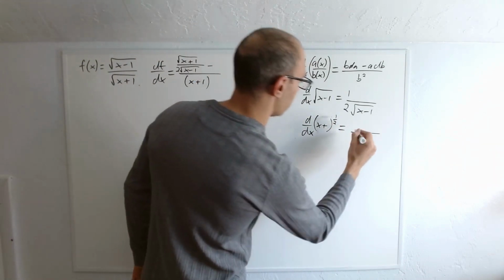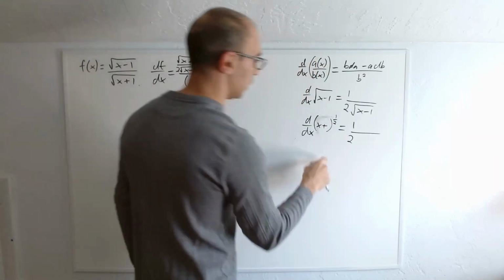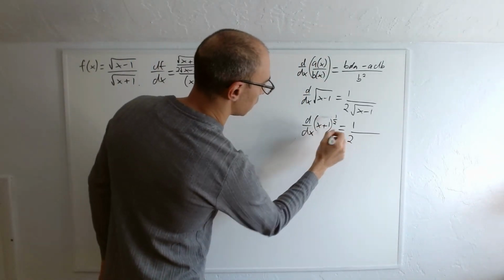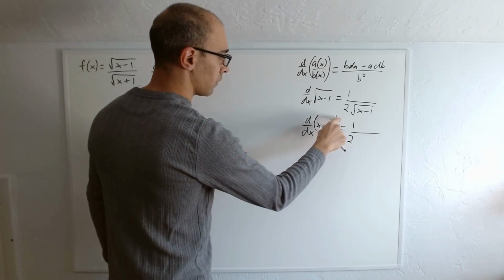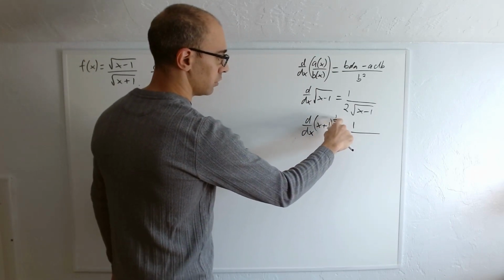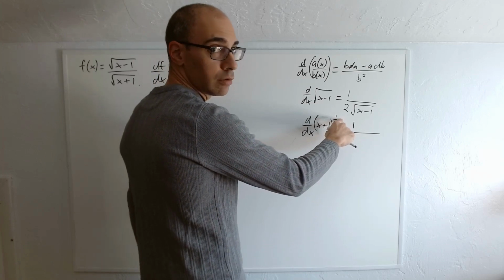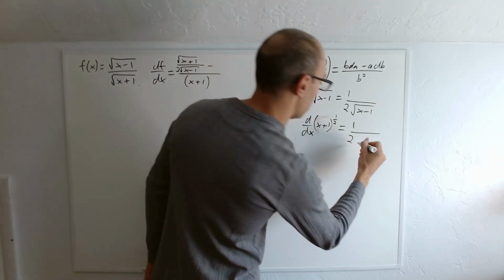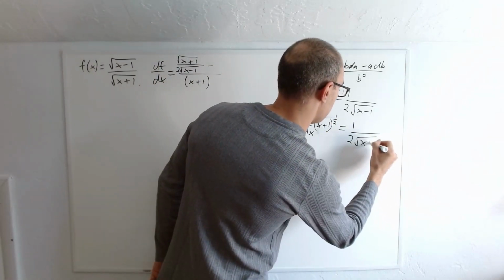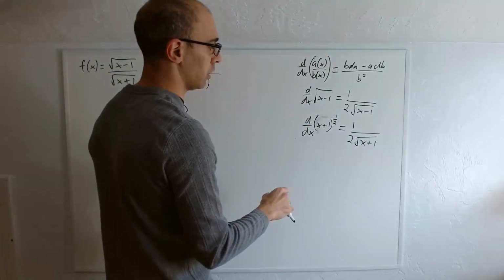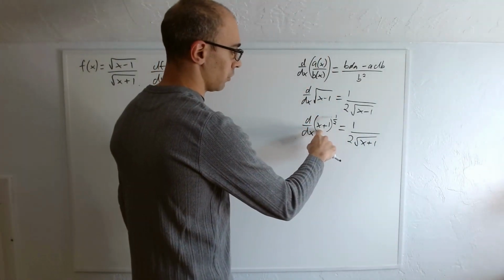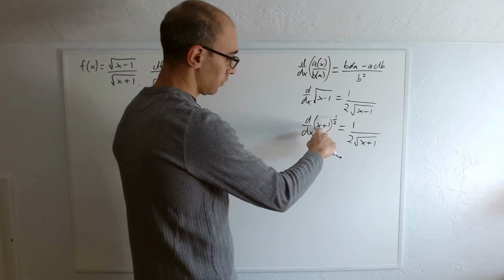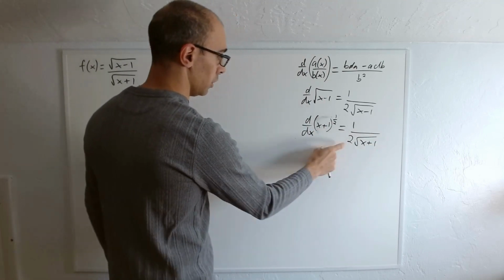So the 1/2 comes out, so we have 1/2 times, oh, I forgot the 1 there, x plus 1. Now for the exponent 1/2, we subtract 1 and it becomes negative 1/2. That means the square root is going to be in the bottom. We have square root x plus 1 in the bottom. Now the derivative of what's on the inside, d/dx of x, is just 1. So here's our derivative.